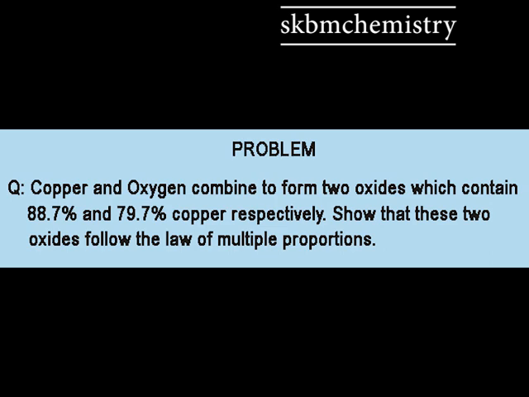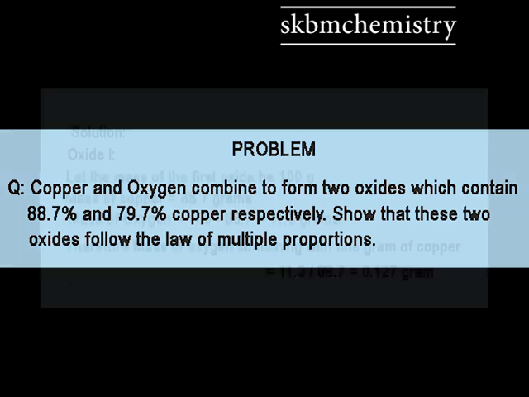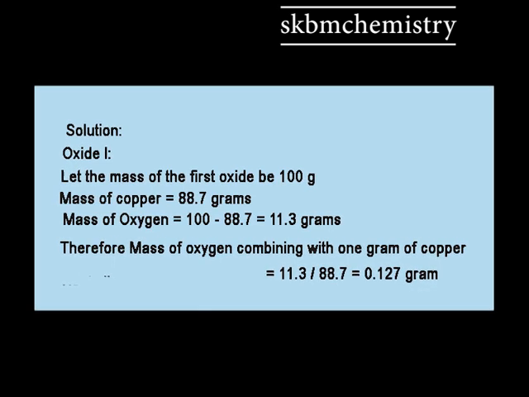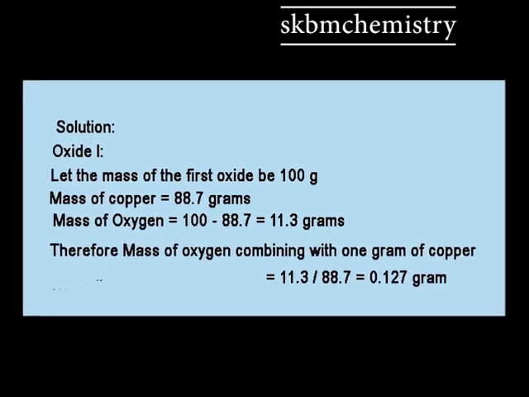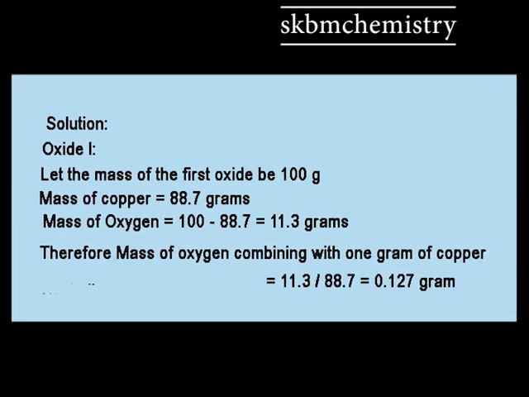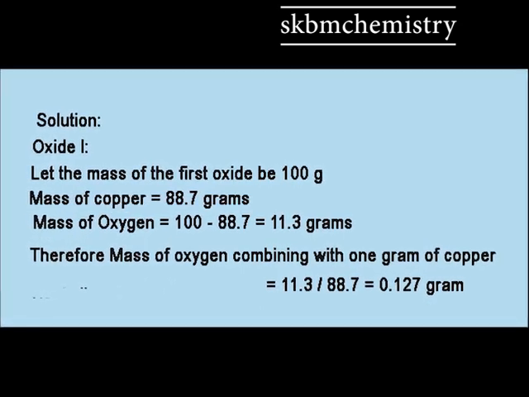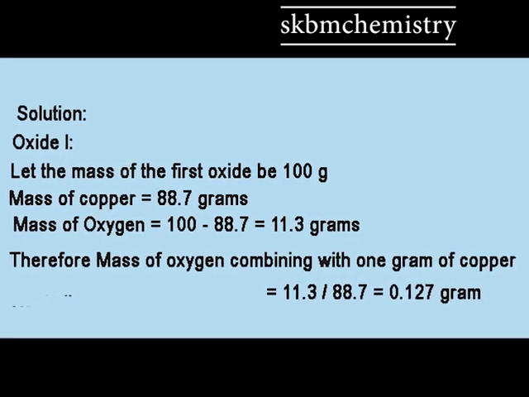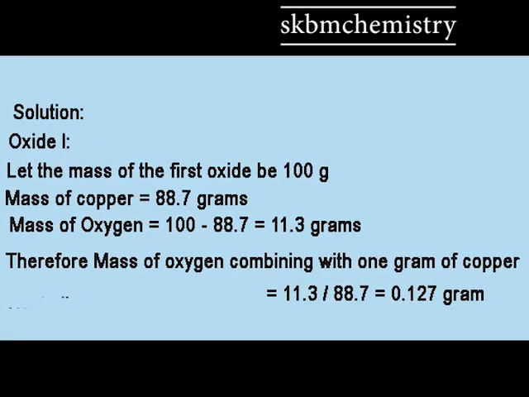We will assume that the mass of the first oxide is 100 gram. Then we can say mass of copper in it is equal to 88.7 gram, therefore the mass of oxygen in it is equal to 100 minus 88.7, or it becomes 11.3 gram.